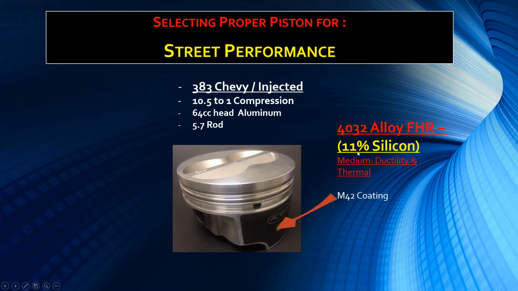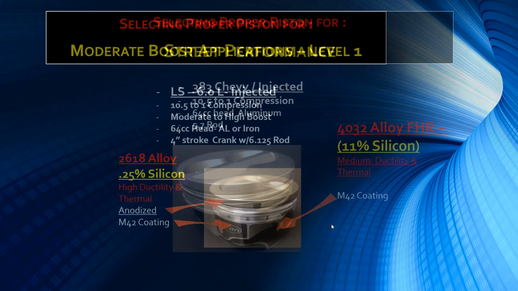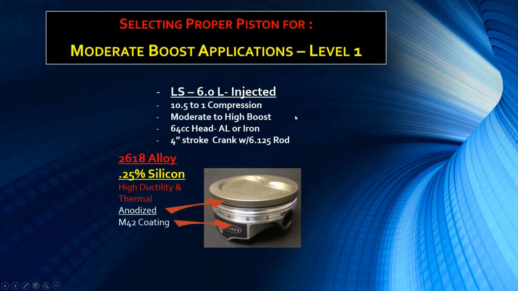It has 11% silicon in it, so it maintains some of the heat characteristics for thermal, as well as medium ductility. The FHR I'll describe in a little bit, but it also has our new standard M42 coating on this. So that's just a street performance typical piston. There are other options. You could use hypereutectic cast, but this is just going through a few examples.